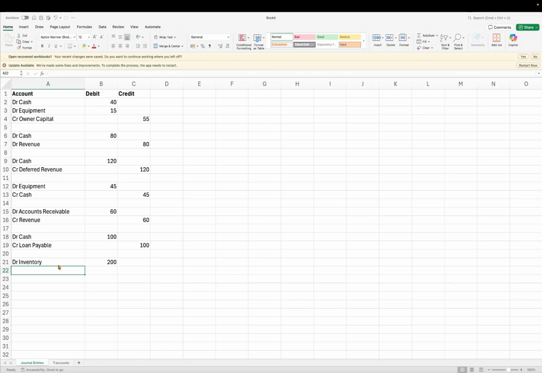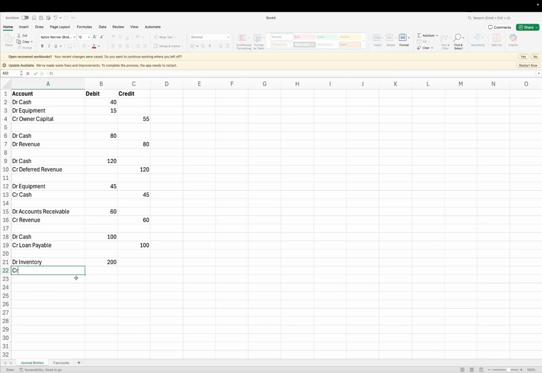These goods are resources owned by the business and will be used or sold later, so they're recorded as inventory. Inventory is an asset account, and assets increase with debits. So I debit inventory for 200. Because the company gains economic value from these goods, revenue is recognized.